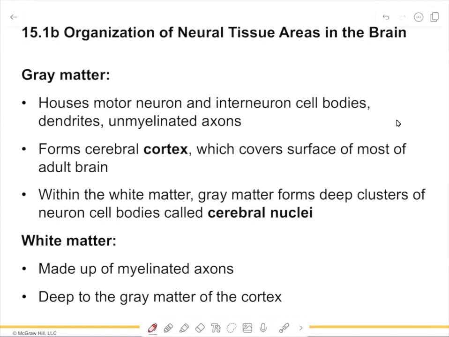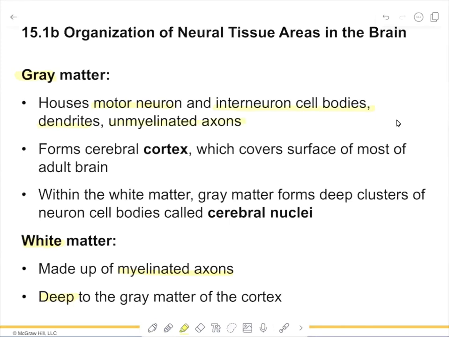The brain has two major matters, meaning regions of the brain which appear gray and regions which appear white. The reason for this color is due to the degree of myelination, which you've learned about previously in nervous tissue. White matter has myelinated axons, and it's deep to the gray matter of the cortex. The most superficial region of the brain has gray matter, which is motor neurons, interneuron cell bodies, dendrites, and unmyelinated axons.